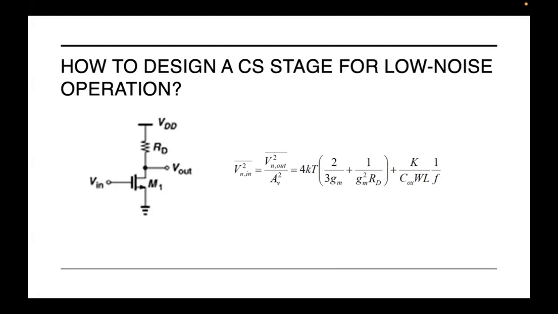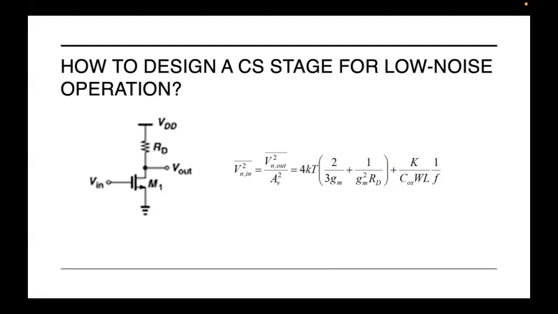But of course, this is also not so easy to control because, as you know, while proceeding in technology, we are aiming for smaller transistors. Smaller transistors mean a lower value for W times L. It can be the same ratio W over L, but it's typically a lower value for W times L. And accordingly, you should expect a higher flicker noise.